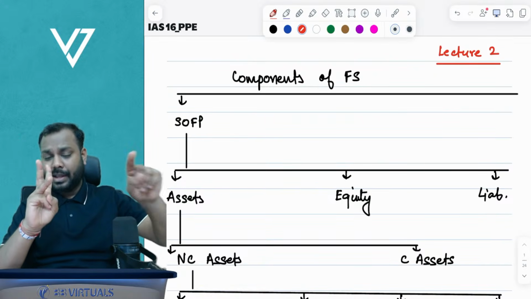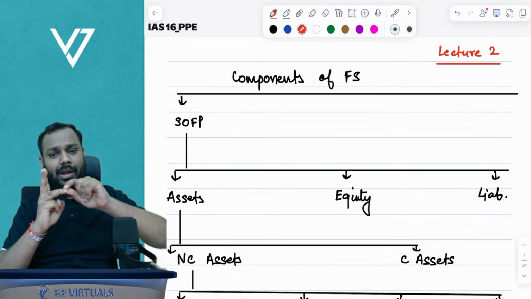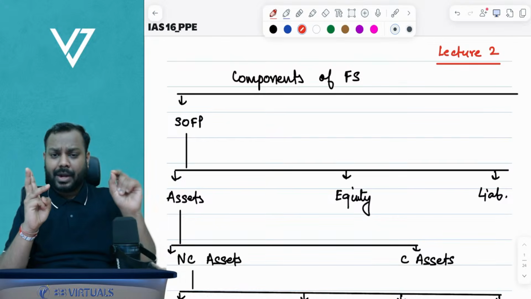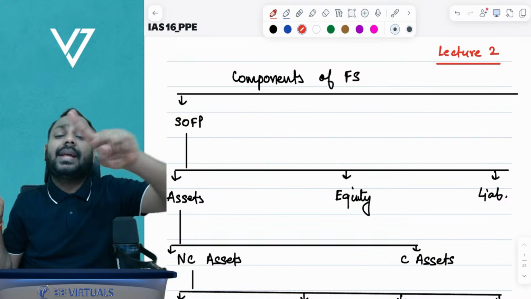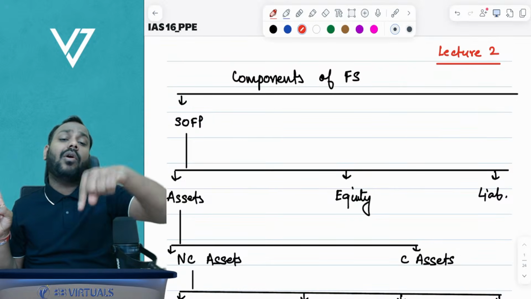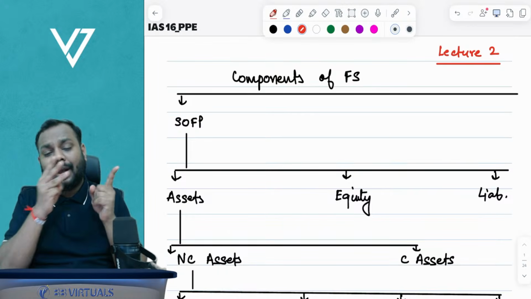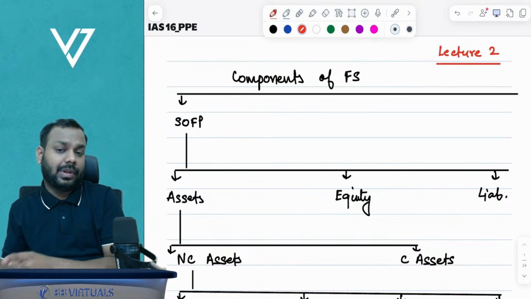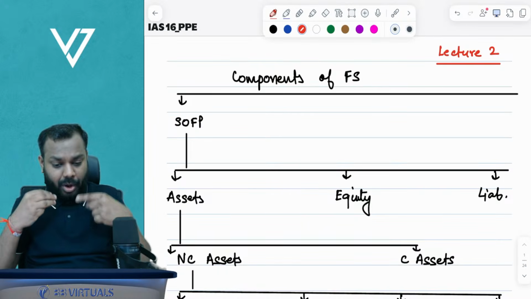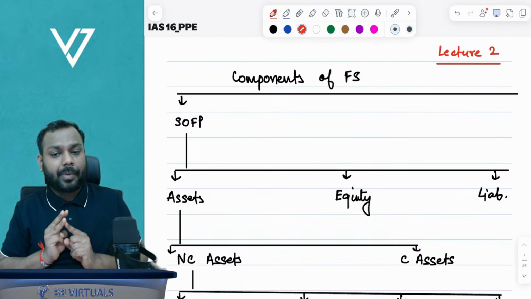But keep in mind, whenever you give anything on rental it is property, plant and equipment, but if you give property on rental, that is investment property. When I say property, I mean land, building or both. So if a property is given on rental, that is classified as investment property.